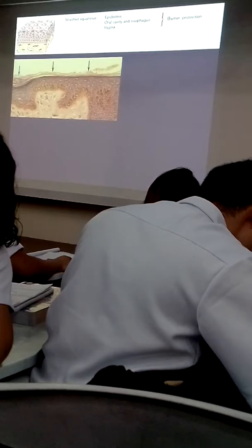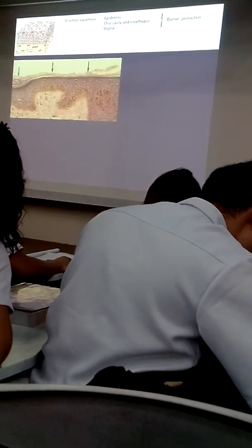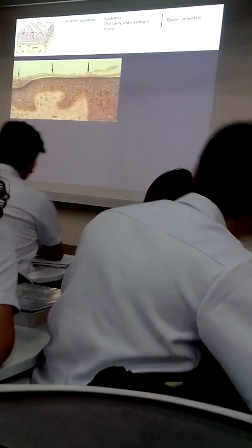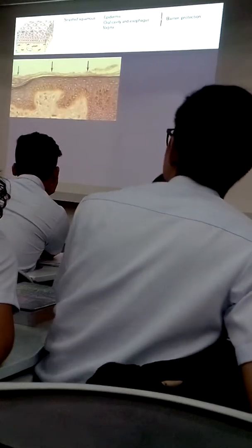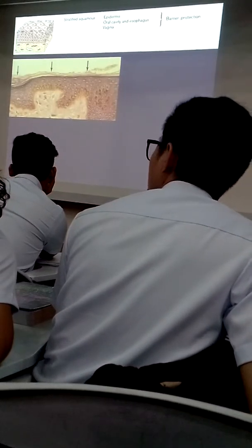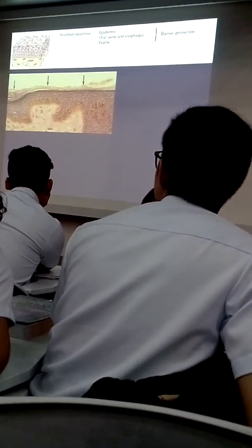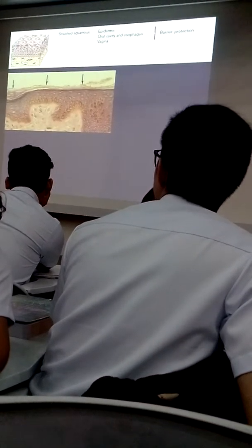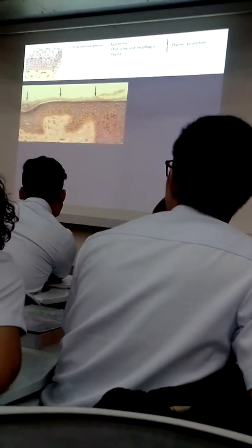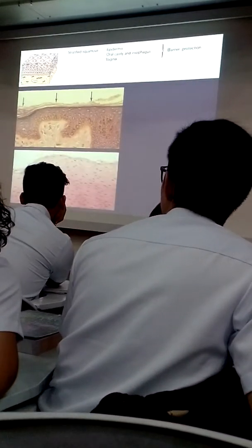Then it's prominent also in the basal membrane area. And then they become bigger when they're here at the middle, and they flatten out, and eventually you cannot appreciate the nucleus anymore, and you will later see the keratin in the topmost portion.